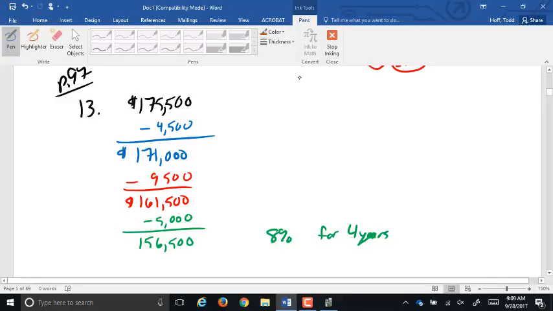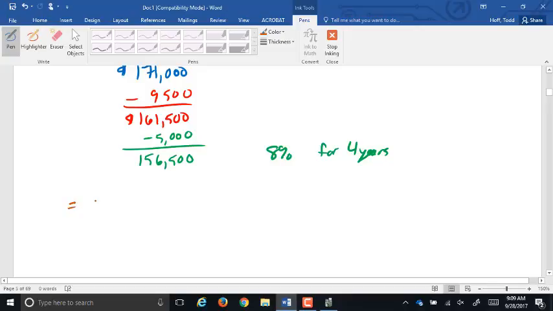So the monthly payment is going to be that $156,500 divided by, open parentheses, 1 plus 0.08 divided by 12, close parentheses, power of 4 times 12. It's 4 years.